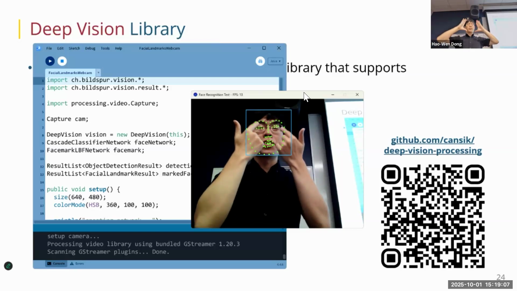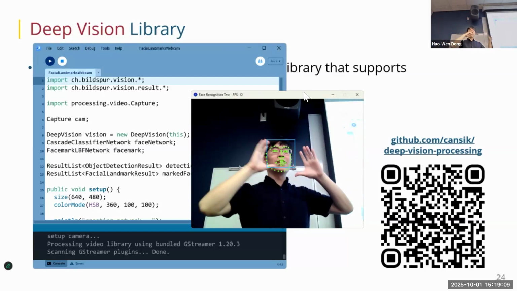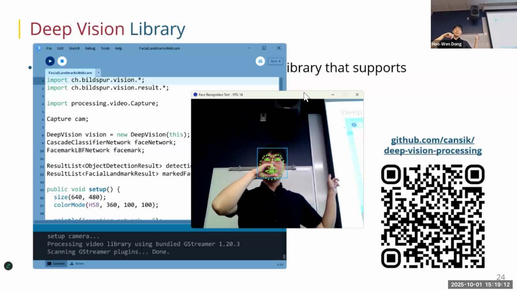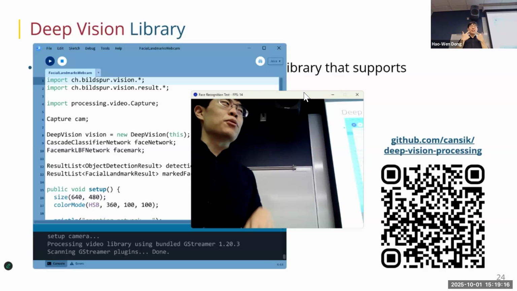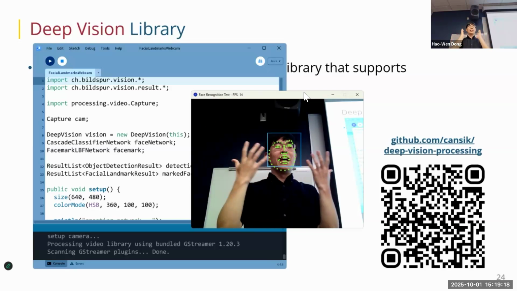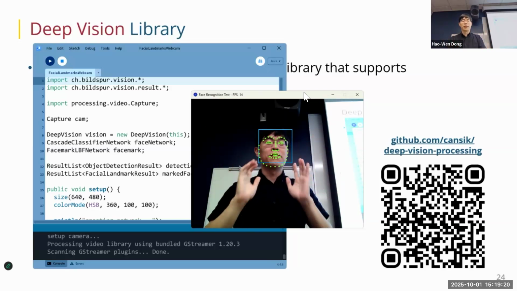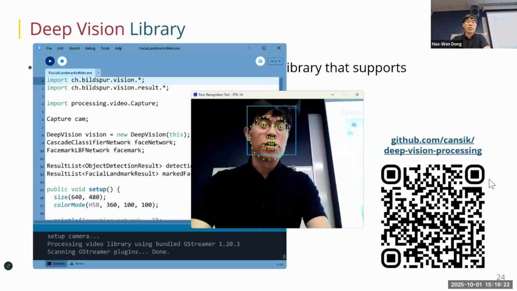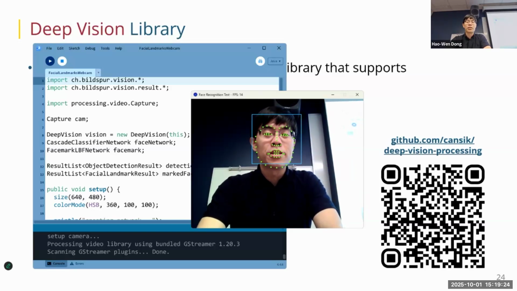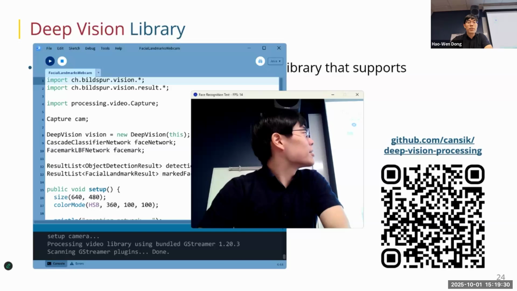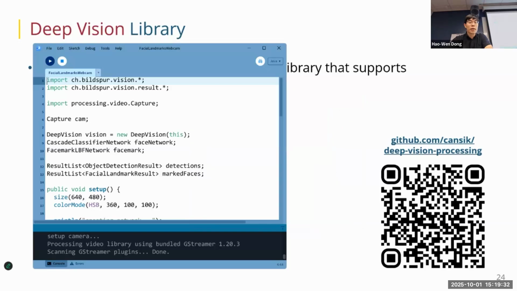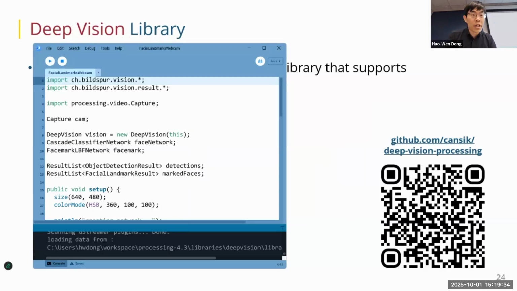So you can imagine this is essentially what you're doing when you are doing Zoom and then the cat face thing. So once you have the facial landmarks, then you can apply special effects on your face and it will track you. So during the COVID era, there were a bunch of funny videos where a lawyer became a cat. That's likely something like this. So you can also do those in processing, just that you need to install those.